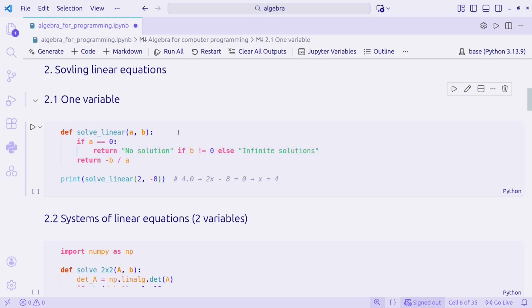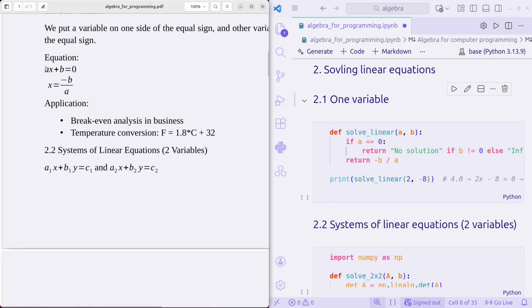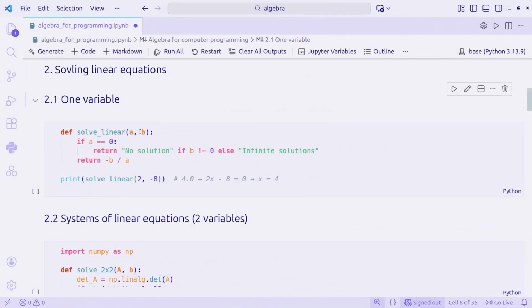So let us see how to solve a linear equation with one variable. The function is like this. I have to check whether a is 0 or not. A is the value followed by x, which is the coefficient of x actually. If the coefficient of x is 0, I will have no solution if b is also non-zero. If a and b are both zeros, I would have an infinite solution.